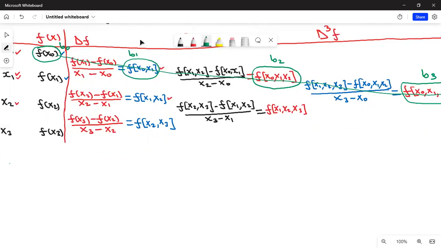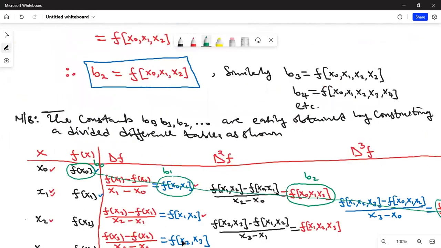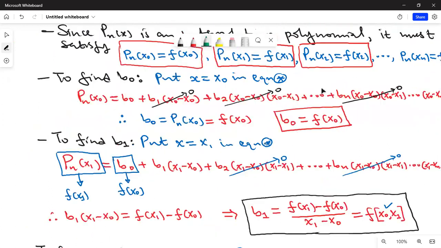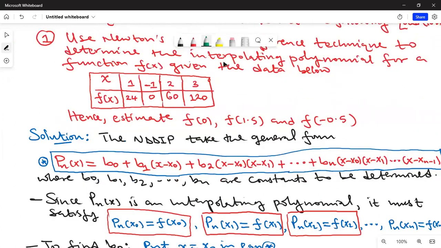Let me take you back to the question. We had this kind of table. Look at our table, x versus f of x. So we are going to construct a divided difference table for this data.